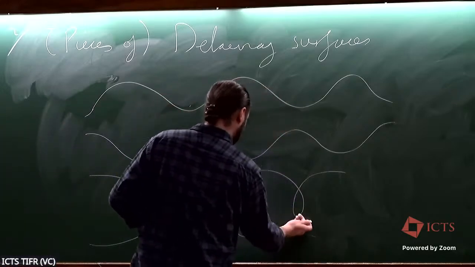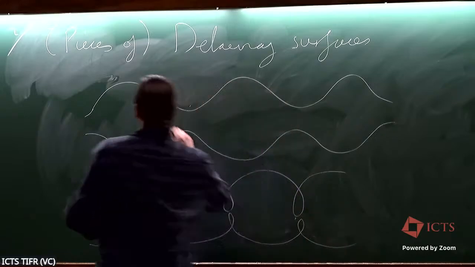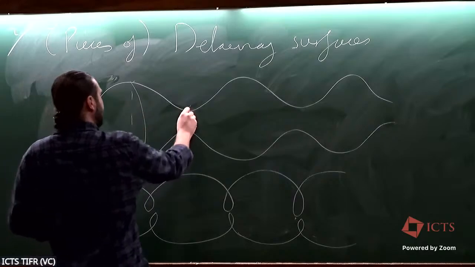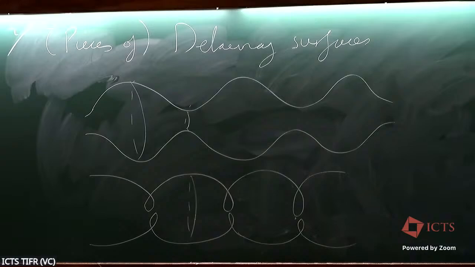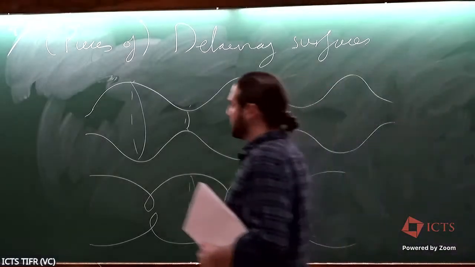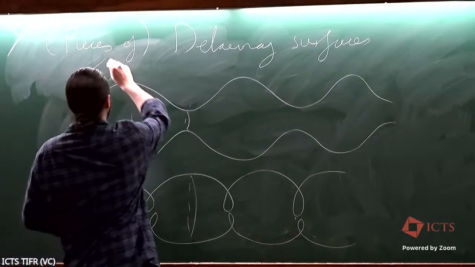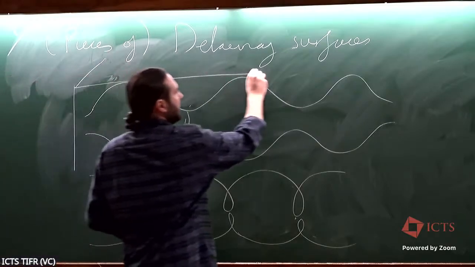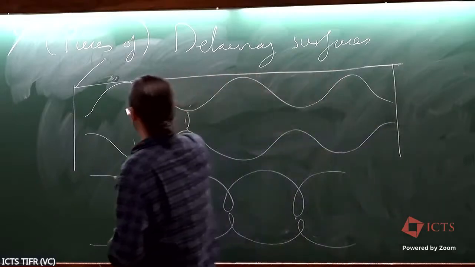Oh dear, sorry. I'm sure you know what I'm trying to draw here. Okay, and so of course they're not closed, but I'm just going to choose to imagine these things as sitting inside some, am I going to be able to draw this?